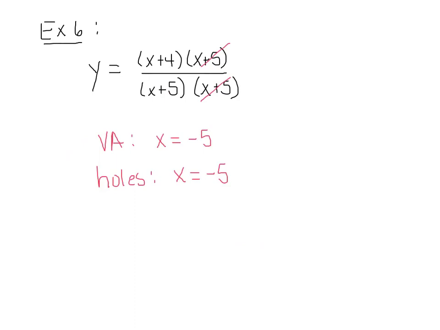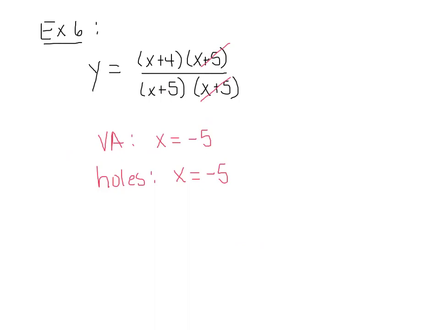Alright, so this is what happens on example 6. You have a vertical asymptote at x equals negative 5. You also have a hole at x equals negative 5. And so when you have an asymptote, remember that's like where the graph breaks anyway.